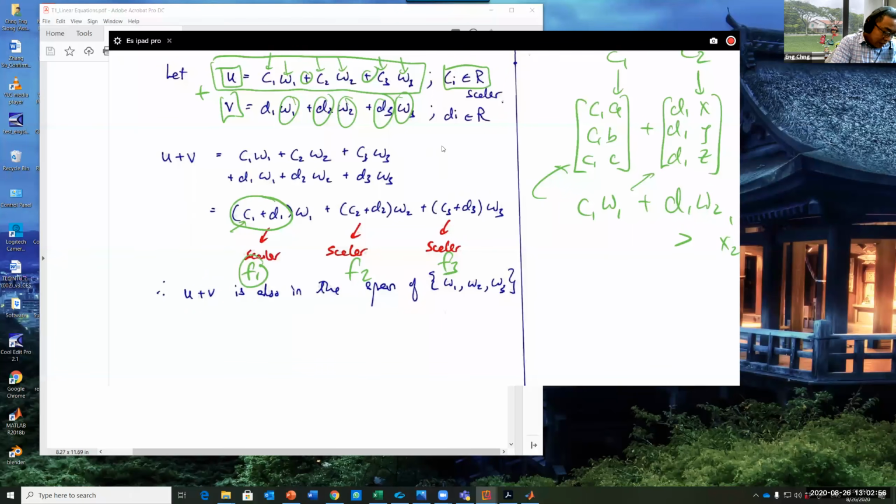It is some scalar multiplied by W1, some scalar multiplied by W2, W3, and we add them up. And isn't this the definition of the vector being in the span, or the vector being created by linear combination? And yes, it is. And therefore, we can conclude that the sum of U plus V is also in the span of this.